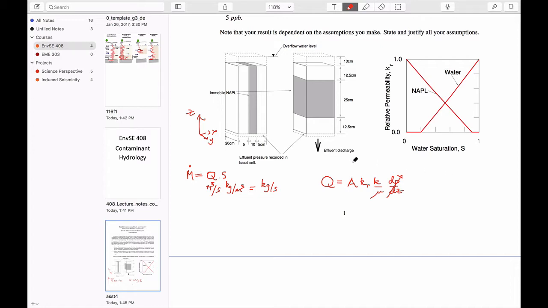We know that pressure is equal to head multiplied by unit weight, rho g. And so we could replace this term, dp/dz, could just be the change in head times rho g. So all we're going to do is replace this term here with this.